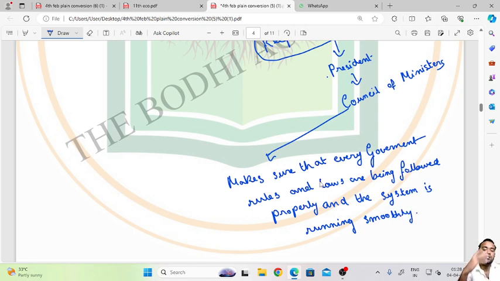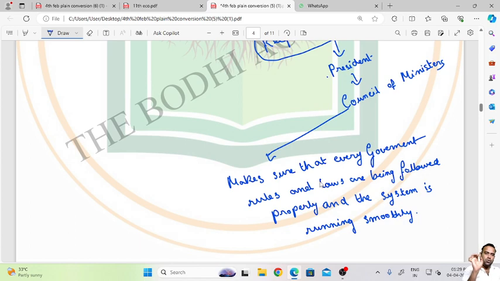So this is how it works: the Prime Minister makes laws, tells it to the President, assists the President. The President tells the Union Council of Ministers about these upcoming laws, and they make sure the government rules and laws are being followed properly and the system is running smoothly. So this is the main work, the main function of the Union Executive.